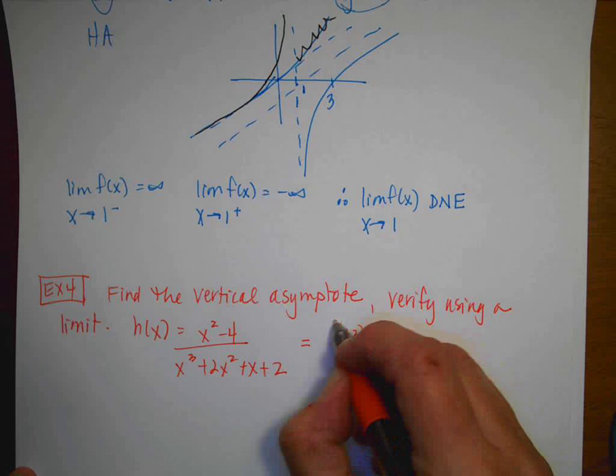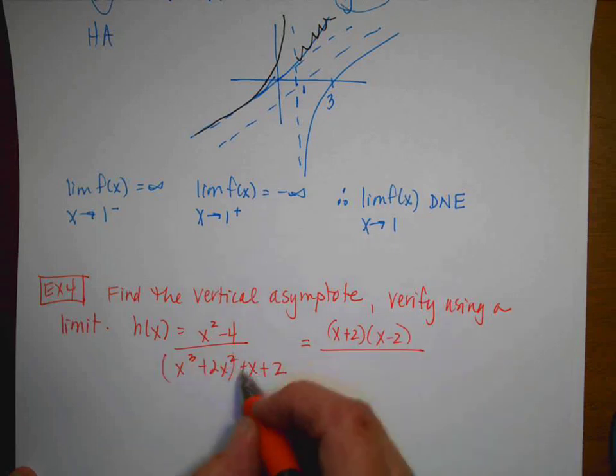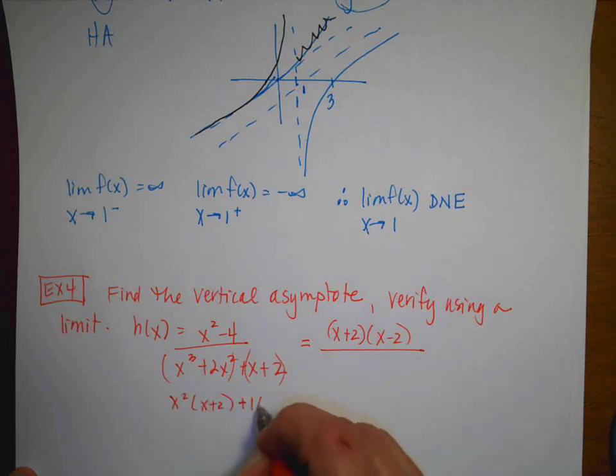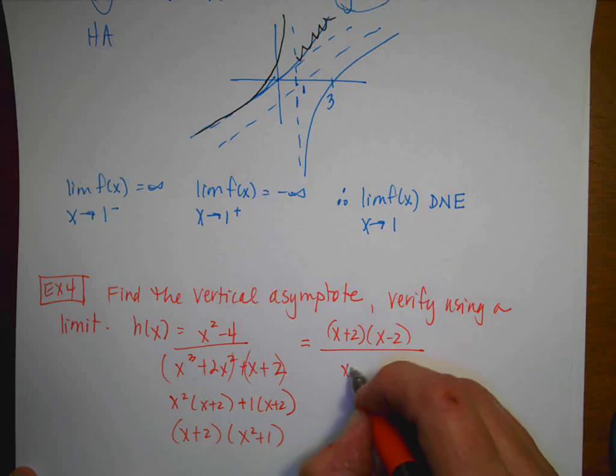So the numerator is x plus 2 and x minus 2. The denominator, I'm going to do some grouping. I'm going to take out an x squared and I get x plus 2, and then I have an x plus 2, and then I have an x plus 2 in common, and I get x squared plus 1.